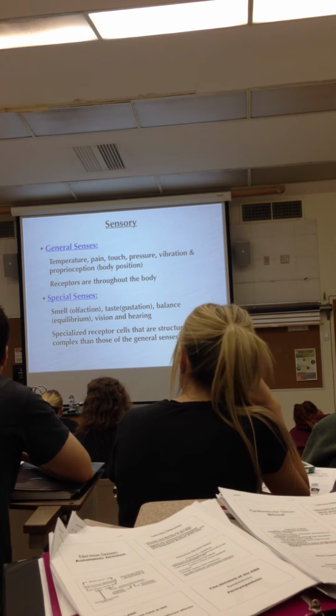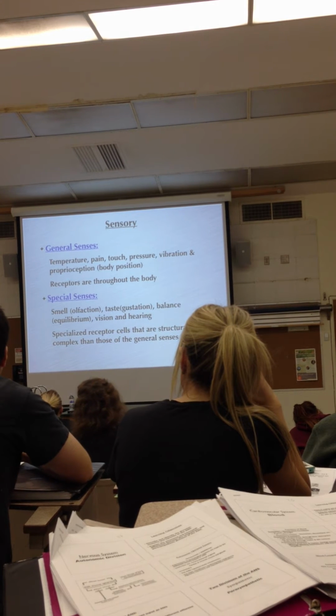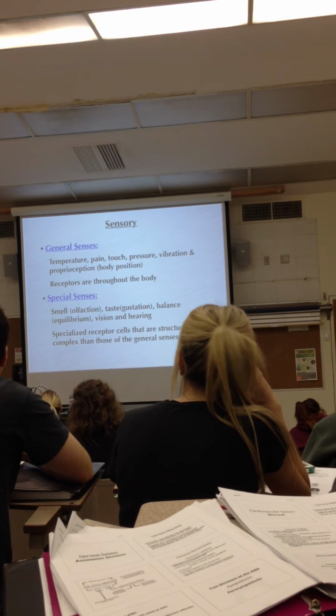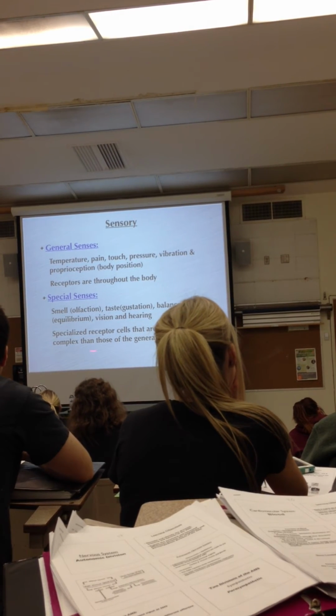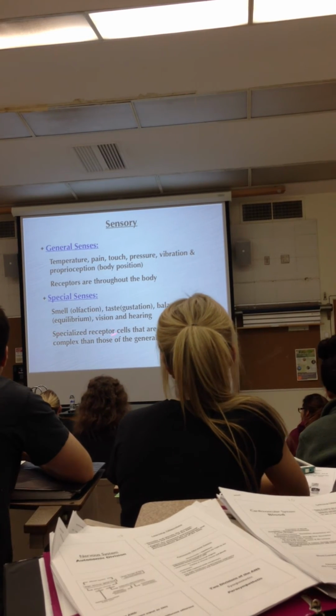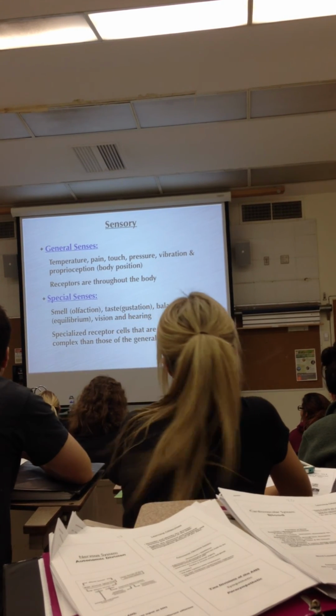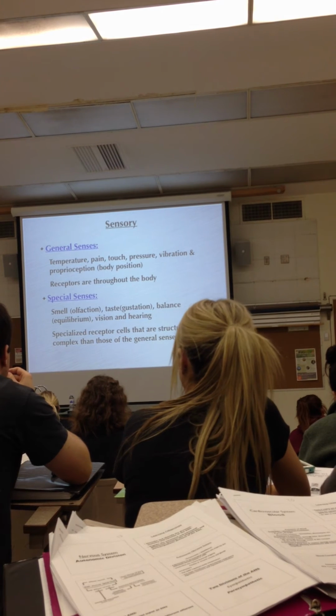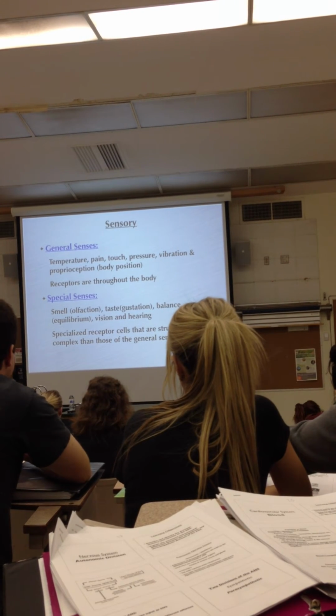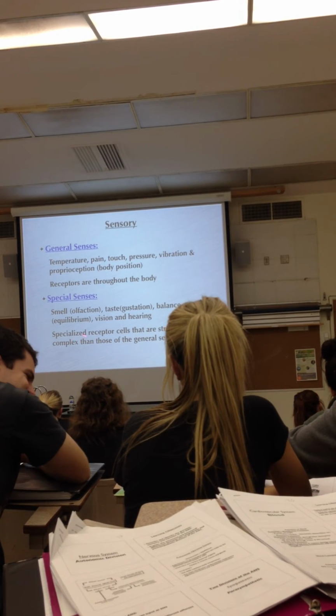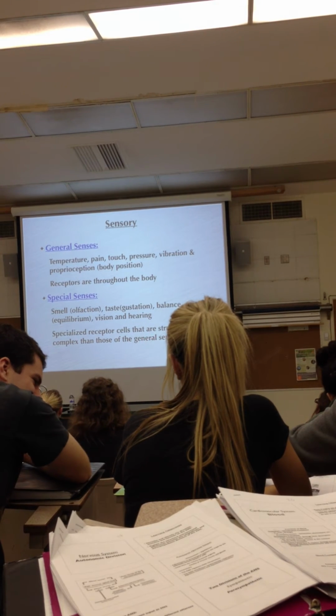Those 5. And anybody know why we call them special senses? Because they have more complex, specialized receptors. Yeah, they do special things. And so these tend to be a little more structurally complex than the general senses.